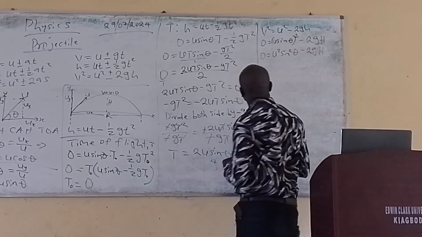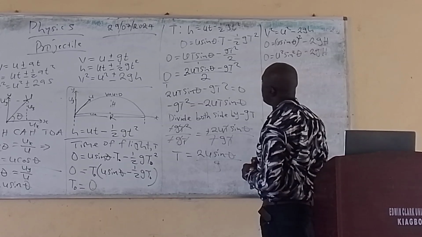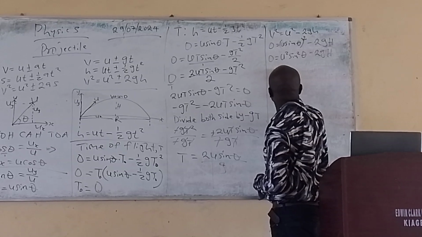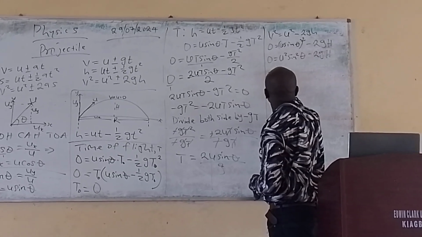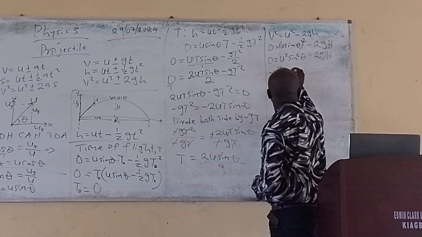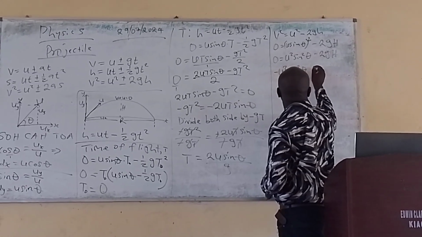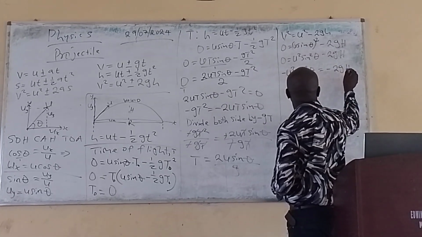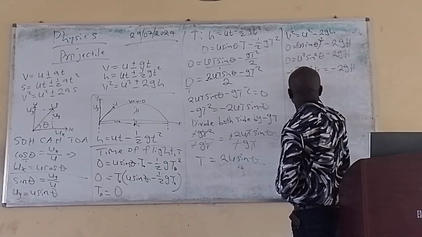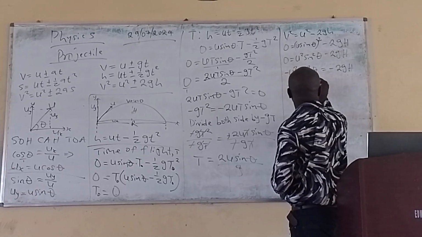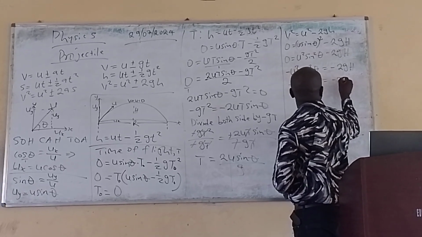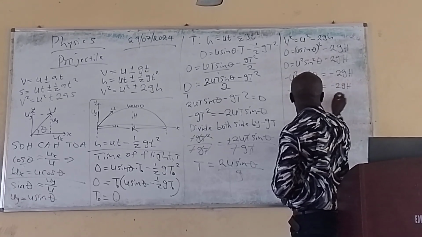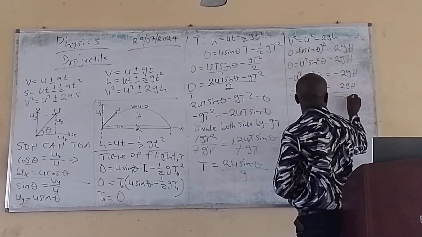Okay? So you now have to make h the subject of the formula. Taking this one this way, you now have minus u squared sine squared theta equals minus 2gh. So making h the subject of the formula, you have minus u squared sine squared theta equals minus 2gh, all over minus 2g.